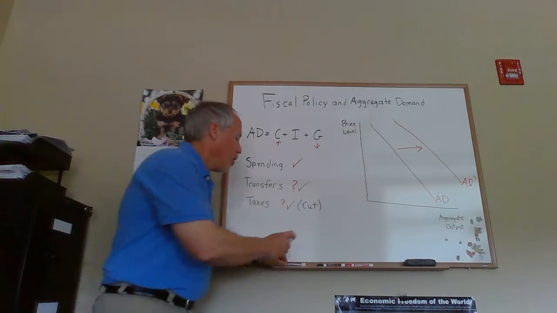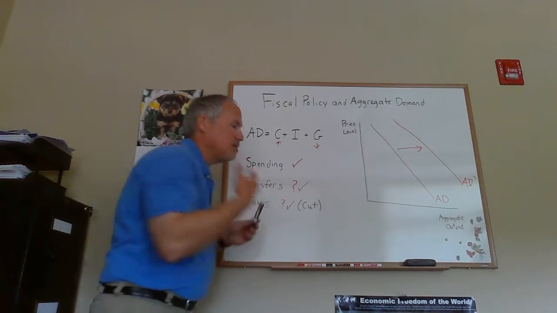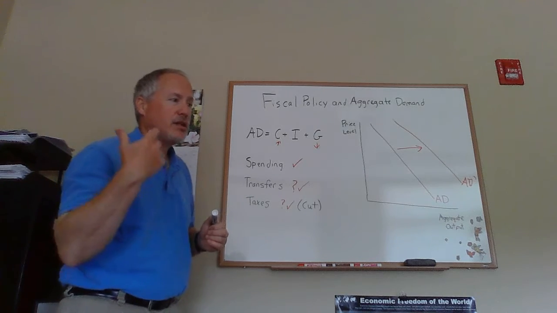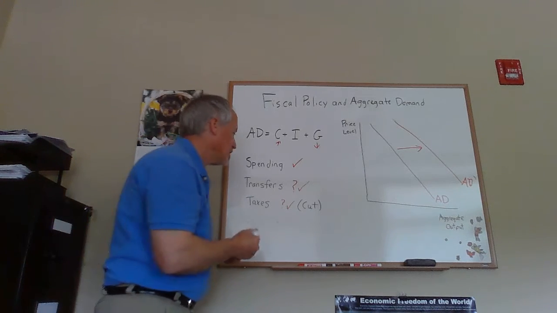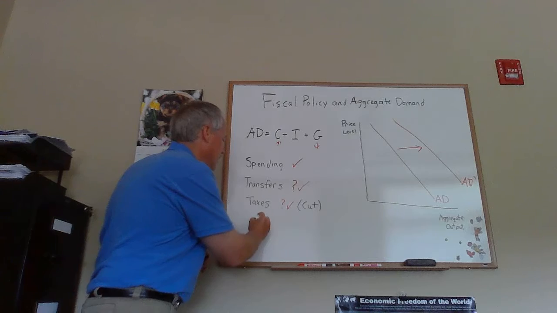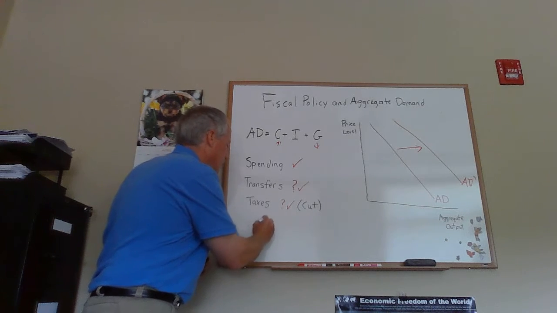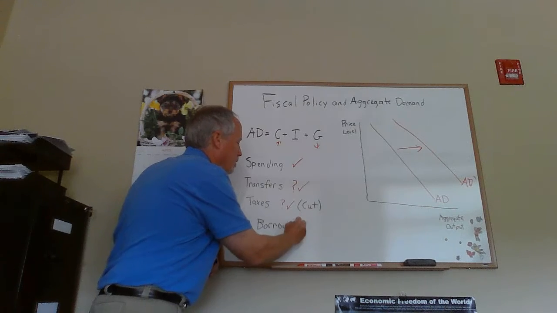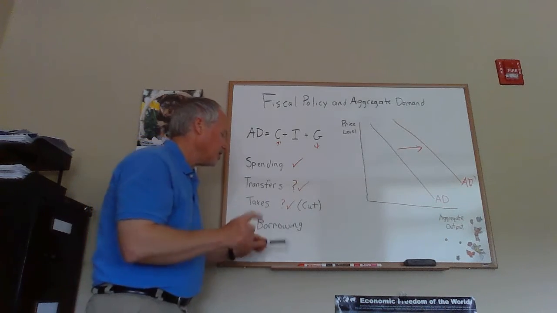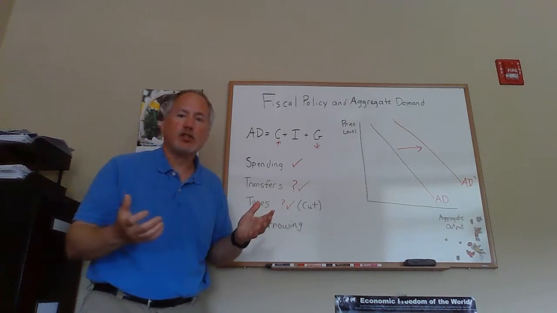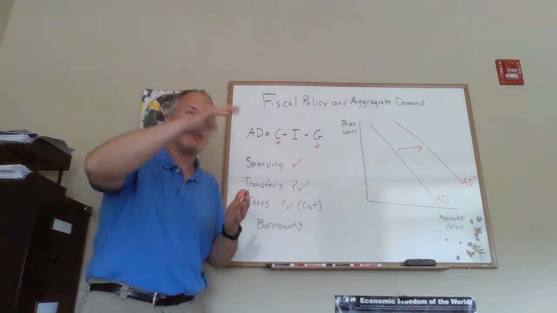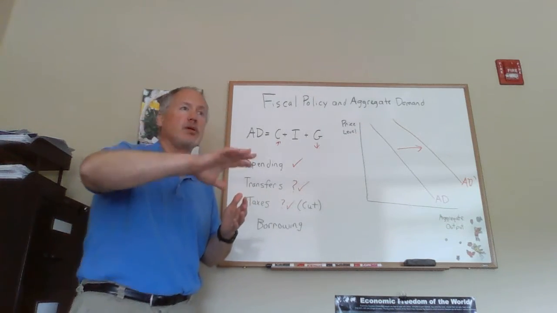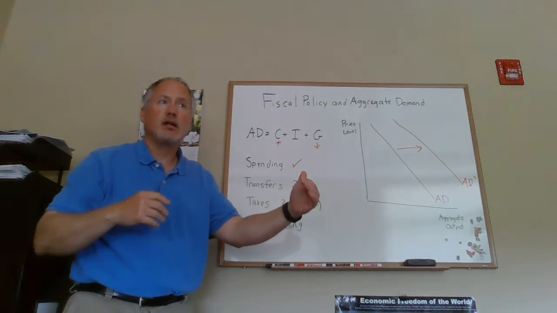So when we talk about fiscal policy in either government spending or tax cuts, we almost certainly have to end up with more borrowing. We're going to have to do something that's going to worsen the government's budget deficit. We're going to either spend and not increase taxes, or we're going to cut taxes and not cut spending.